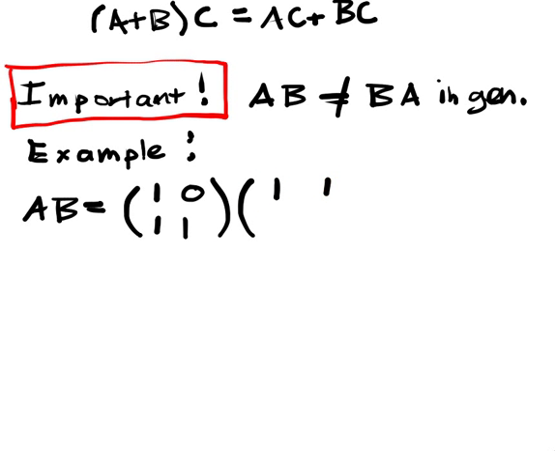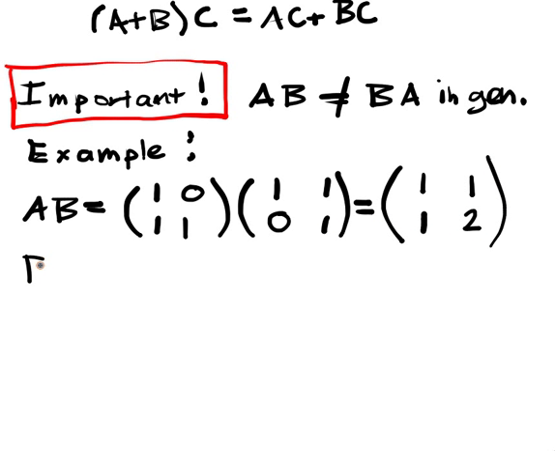But you'll notice they're kind of opposite each other. Well, what'll this give you, right? So we multiply this row by this column, and we get 1. We multiply this row by this column, we have 1 times 1 plus 0 times 1 is 1. We multiply this row by this column, and we get 1 times 1 is 1, plus 1 times 0 is 0, so we'll get 1. Here I get 1 times 1, plus 1 times 1 is 2.